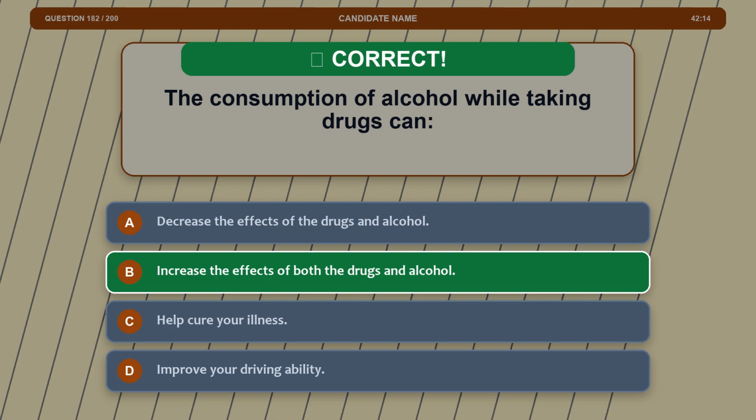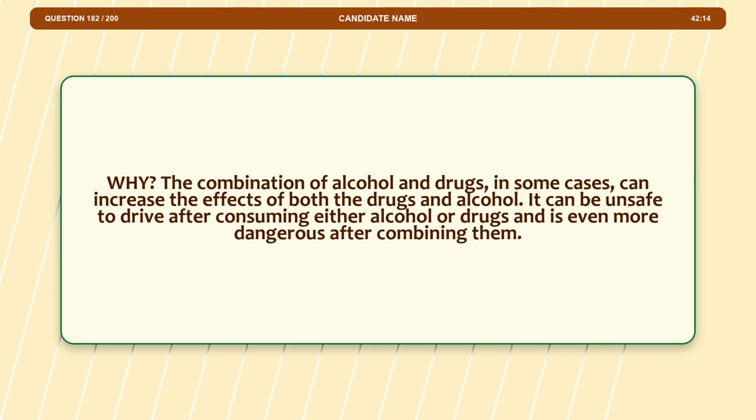The correct answer is option B, increase the effects of both the drugs and alcohol. Explanation. The combination of alcohol and drugs, in some cases, can increase the effects of both the drugs and alcohol. It can be unsafe to drive after consuming either alcohol or drugs and is even more dangerous after combining them.